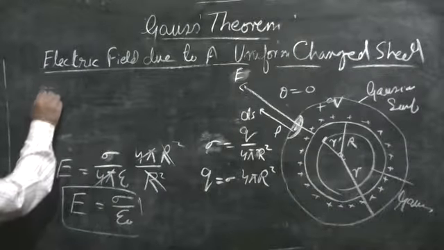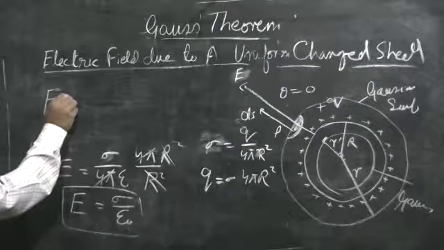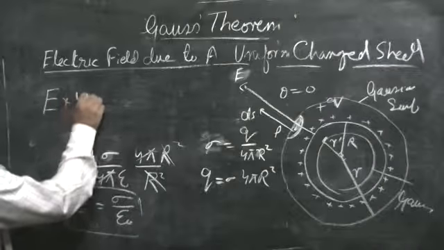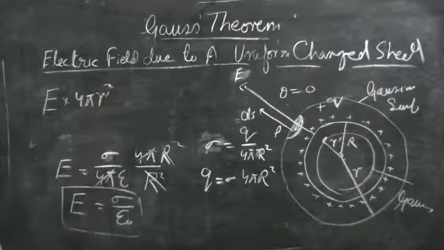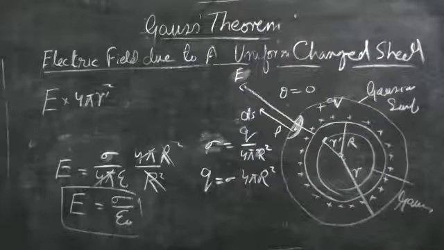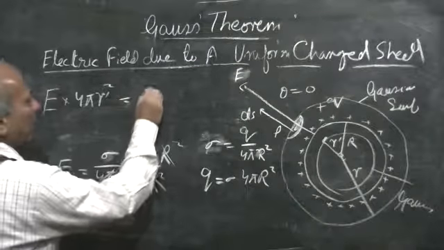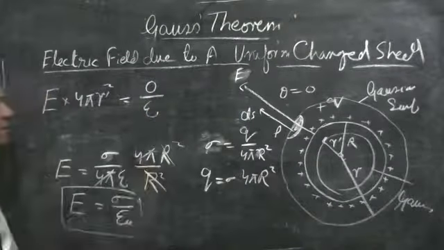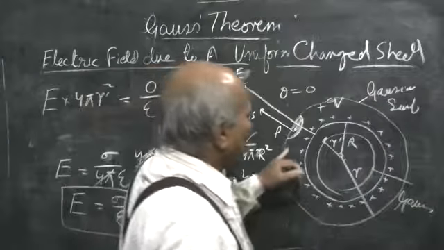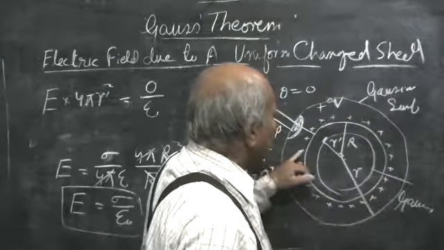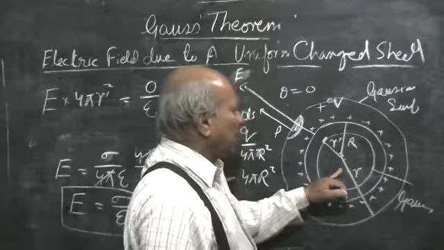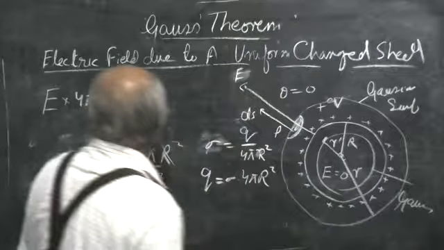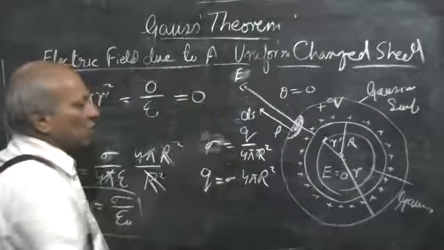In this case, the electric field times 4 pi r dash square is equal to the charge enclosed. Inside a shell, when the charge is on the surface of the shell, the inside electric field is 0. Therefore, the electric field will be 0.